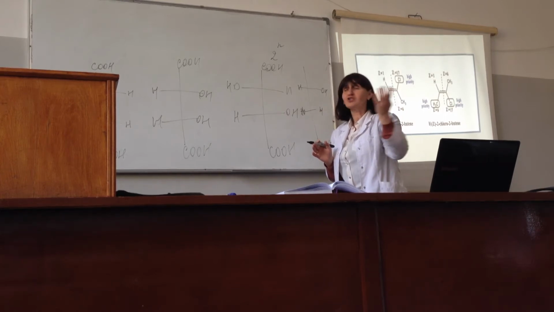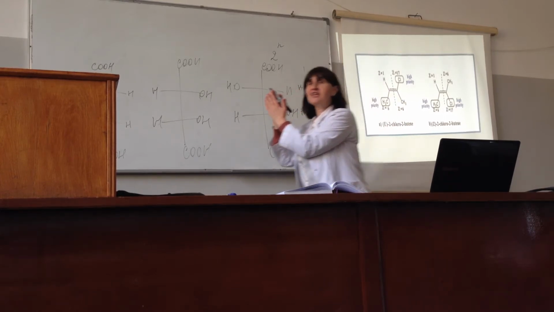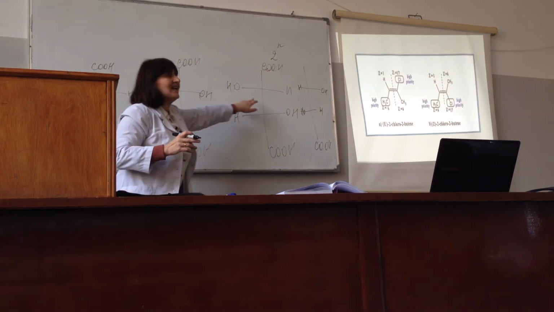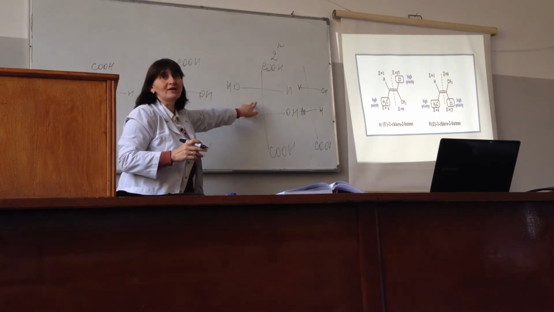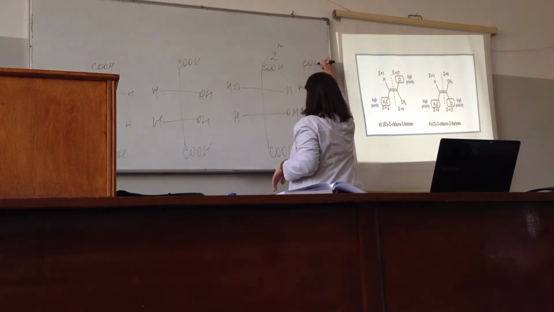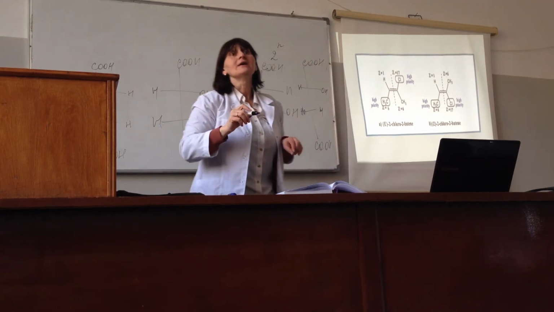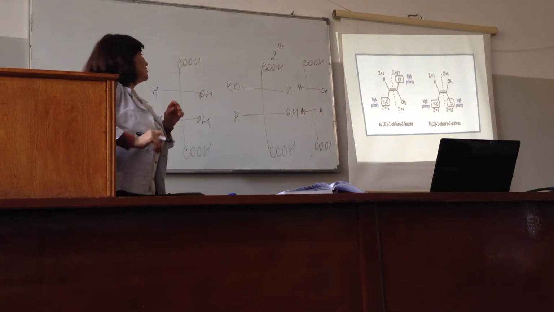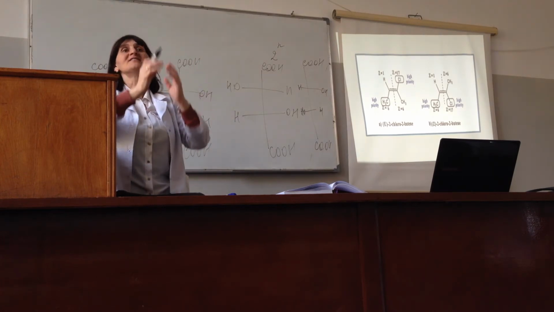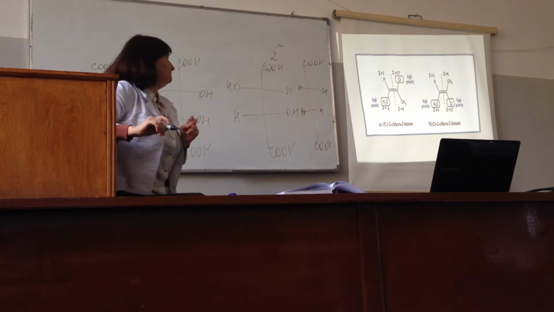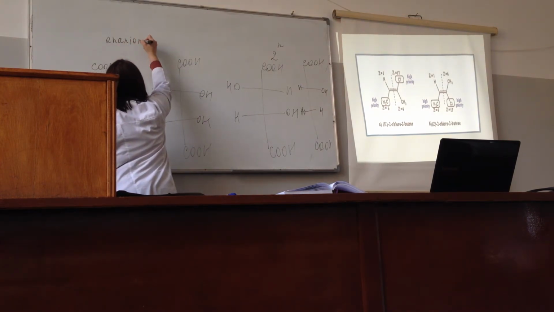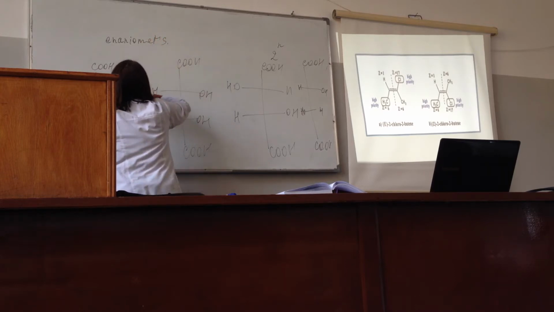Now these structures, as you see, you have here 4 stereoisomers. These 2 are enantiomers of each other. These 2 molecules are enantiomers of each other. But this one and this one, this one and this one, are diastereomers of each other. Can you please write the name? If 2 molecules are mirror images of each other, they are enantiomers.